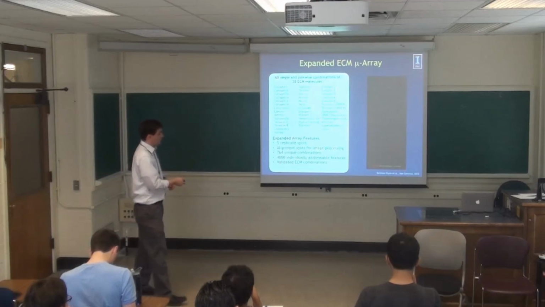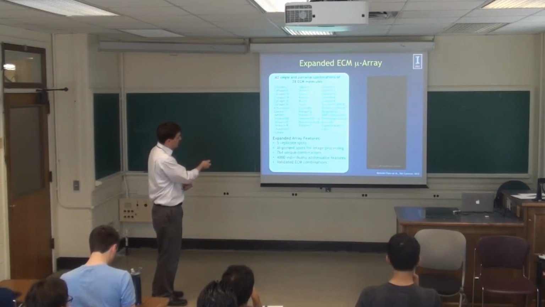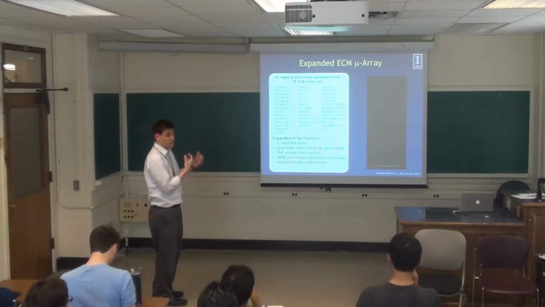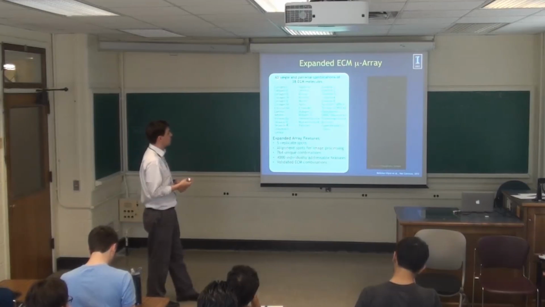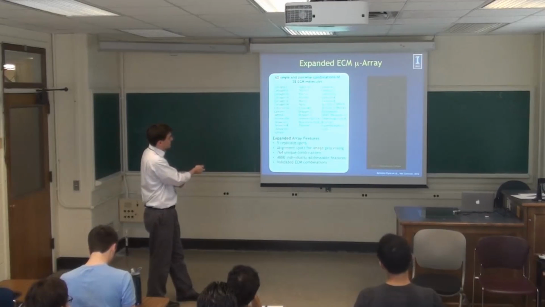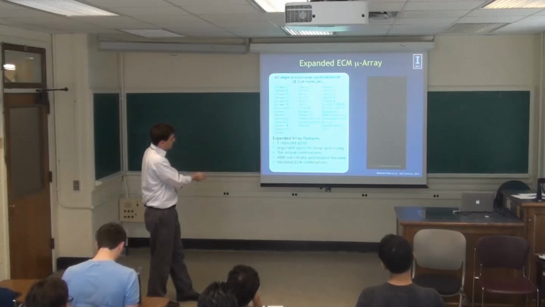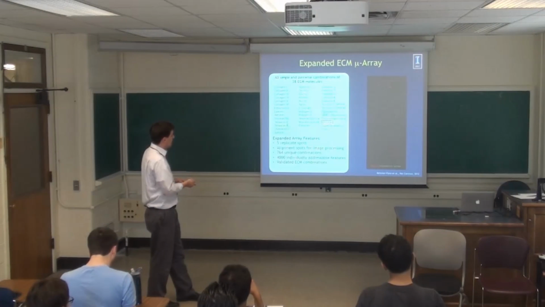And so what you can see here is one of these ECM arrays where we've stained with antibodies for two different components. One is brevican, which is stained in red, and the other is chondroitin sulfate, which is a glycosaminoglycan, basically a sugar molecule, which is stained in green. All the combinations that have brevican are labeled in red, and all the combinations that have chondroitin sulfate are labeled in green.